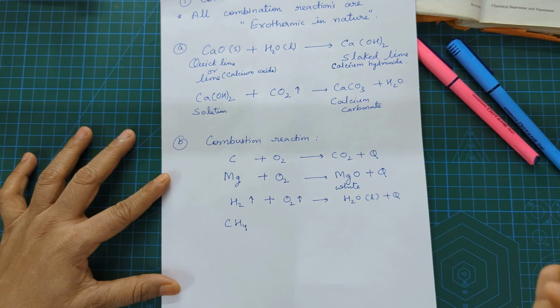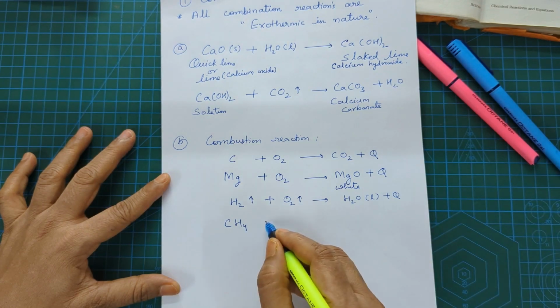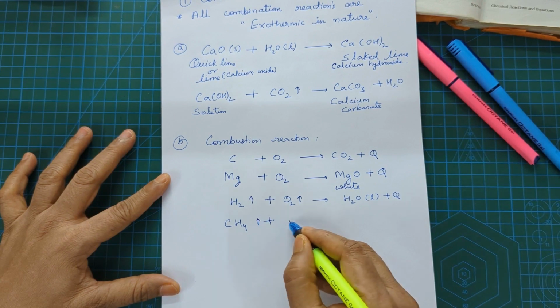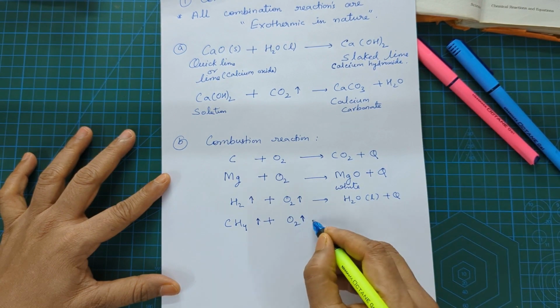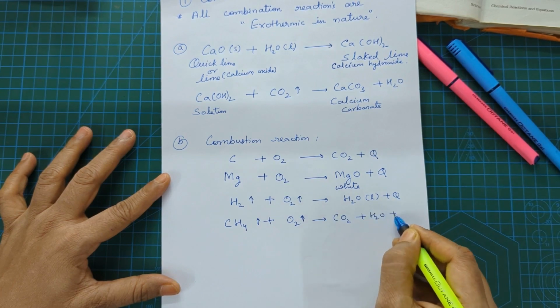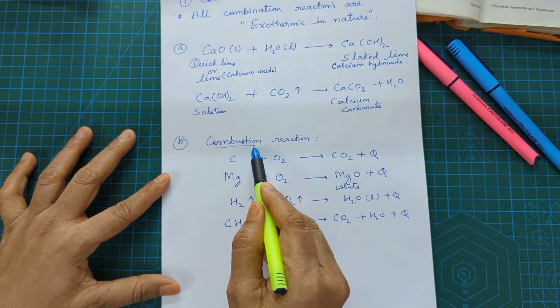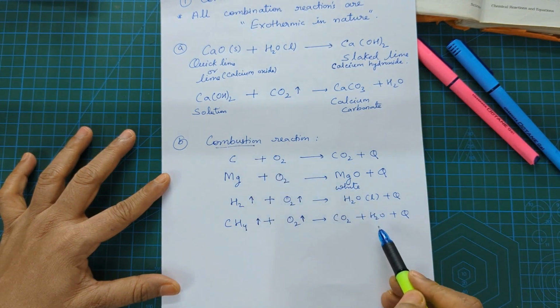So all of them burn. So when a hydrocarbon like methane is heated, then it burns in presence of oxygen to form carbon dioxide and water, and heat is produced. Just remember, every combustion reaction's output is carbon dioxide and water.